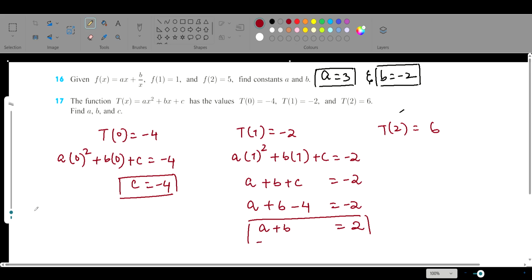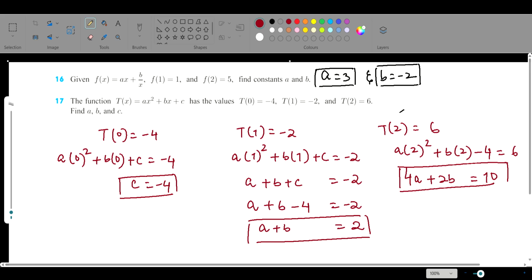So this is one of the equations we created. For T2, it is A times 2 squared plus B times 2 plus C, which we already have as -4, equal to 6. So it is 4A plus 2B = 6 plus 4, which is 10.